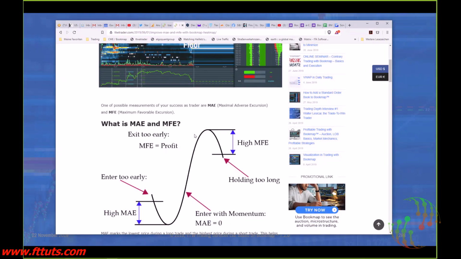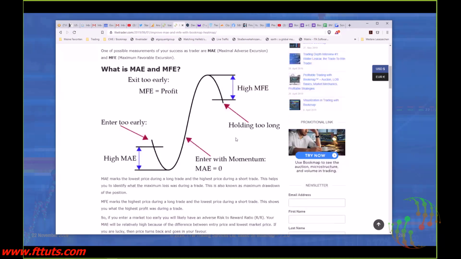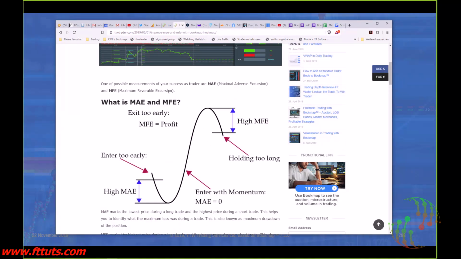If you are doing statistics with your trades, I'm sure you have it already in your trading style, that you have to measure your maximal adverse excursion and maximum favorable excursion. It's important to get these numbers, because when you enter too early, you have a high MAE, and when you're holding too long, you have also a high MFE.